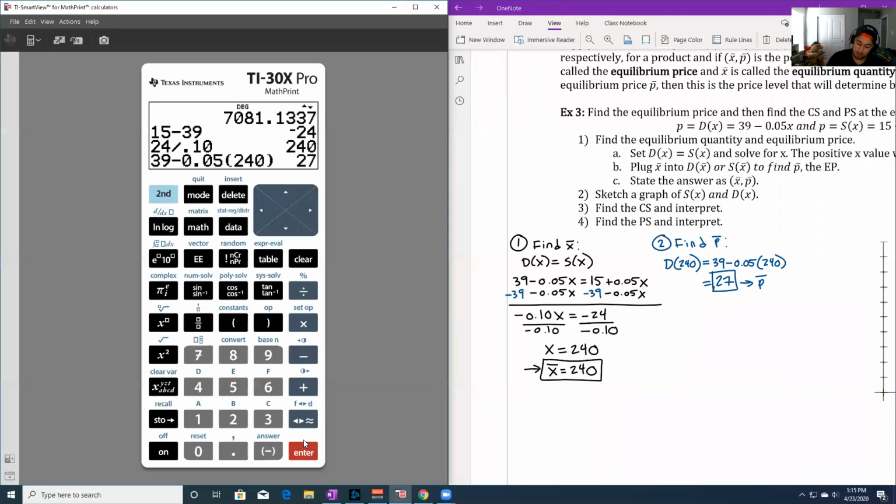So this means p bar is equal to 27. Which means together we have our point, x bar, p bar. We have 240 and 27. This is x bar, p bar.